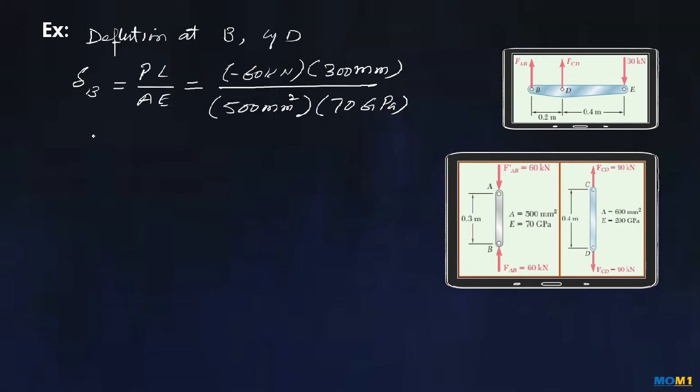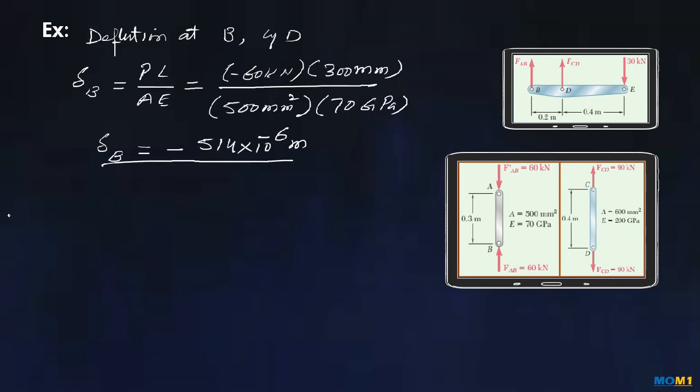After solving this, we have the value of deformation of link AB, which I describe as del B. The value is going to be minus 514 into 10 raised to the power minus 6 meters.